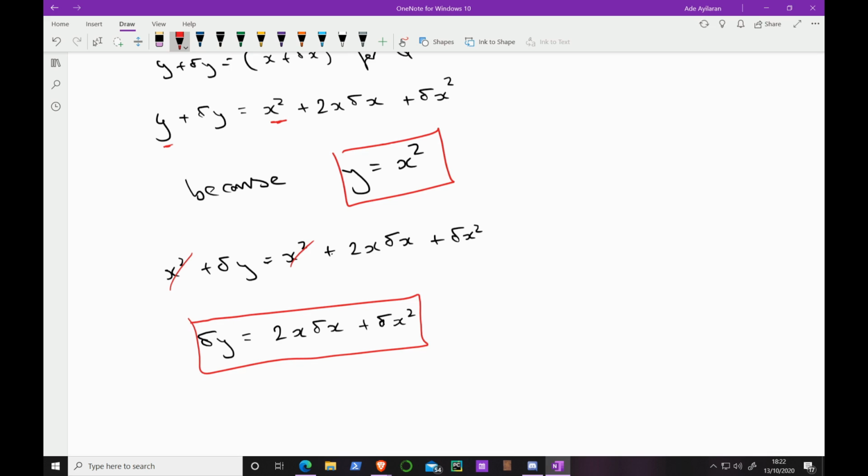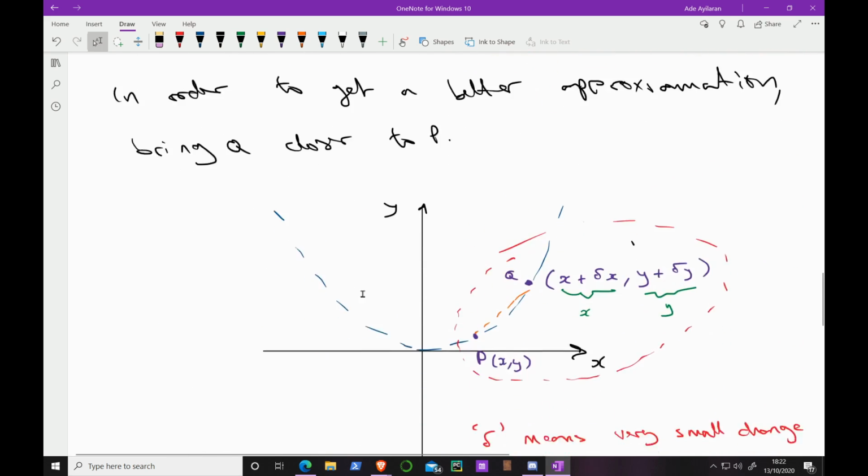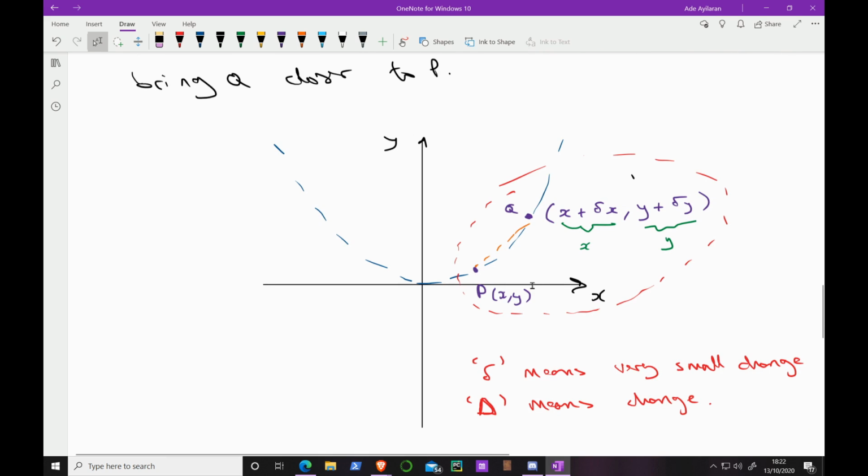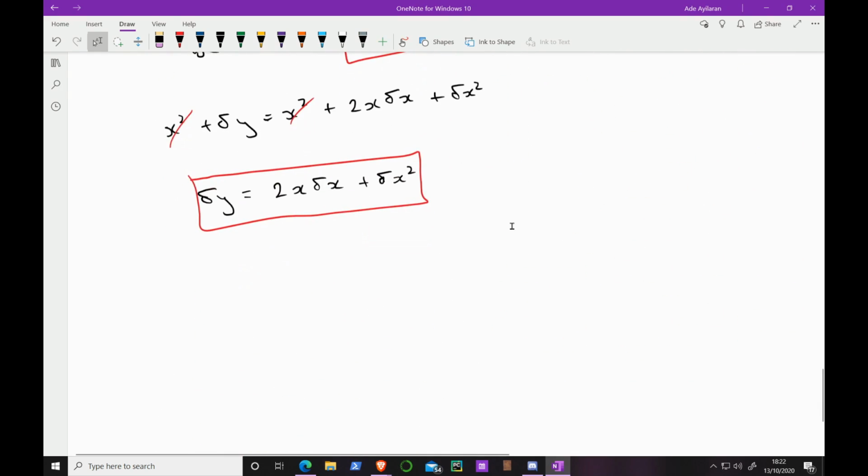Now, for our gradient, if we go back to the whole straight line thing, the gradient is going to be the change in y over the change in x. Now, because Q is a small distance of y and x away from P, our gradient is in terms of the delta. So it's going to be delta y over delta x.